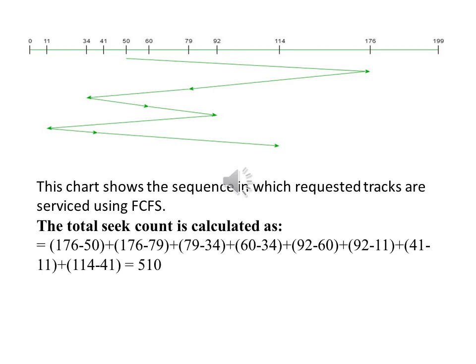After that, the second request came, and to serve that second request, the head has moved from 176 to 79. After 79, the next request came for 34. Then from position 79 the read write head will go to the 34th position.